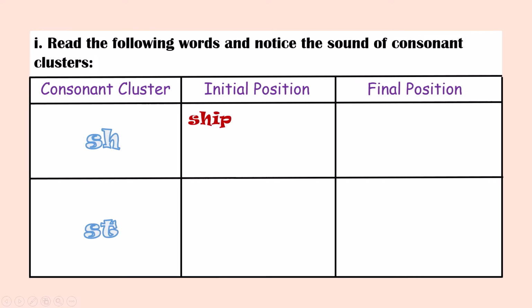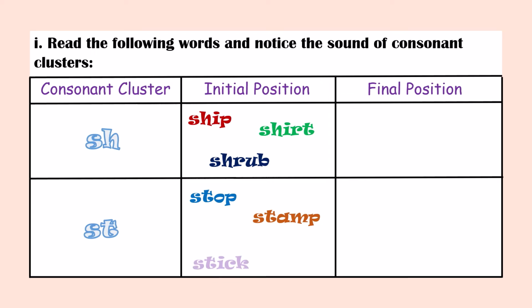Okay, ship, shirt, shrub. Initial position of sh is sh, ip, ship; sh, irt, shirt; sh, rub, shrub. Same goes for st: stop, stamp, stick, study.